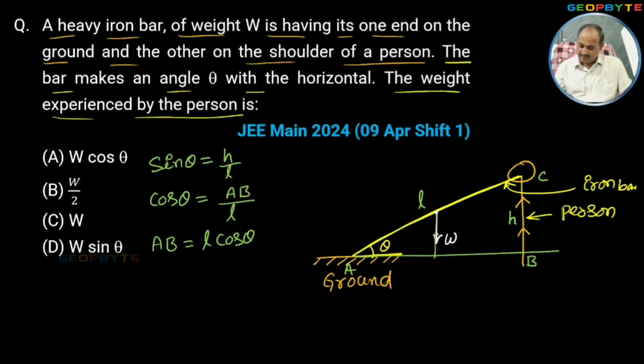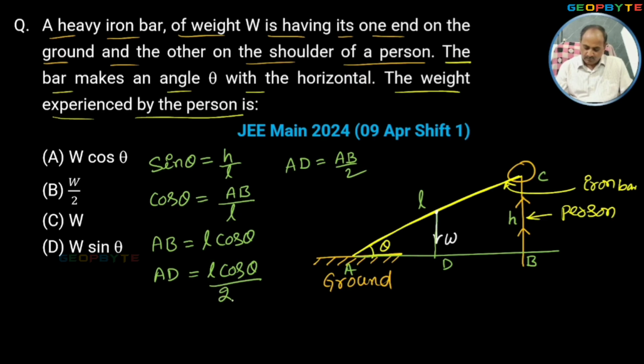Similarly, with respect to the weight, let this be D. Since the self weight is acting through the center of gravity, exactly at the center, AD equals AB by 2. That means L cos theta divided by 2.